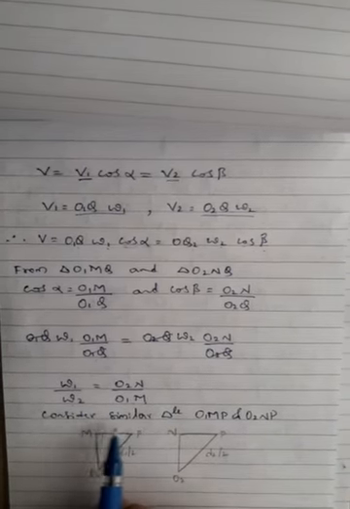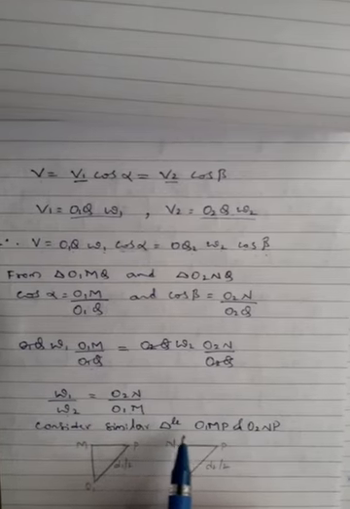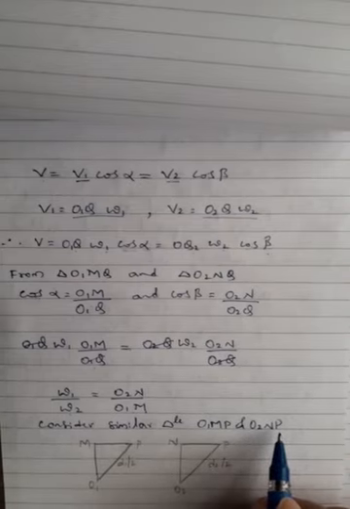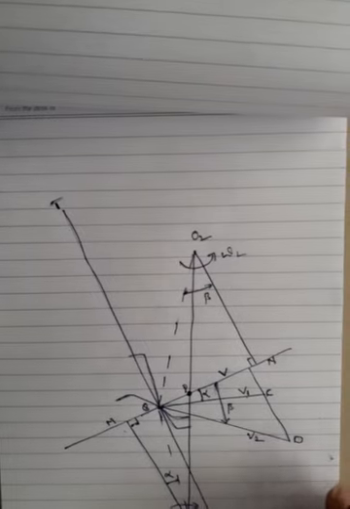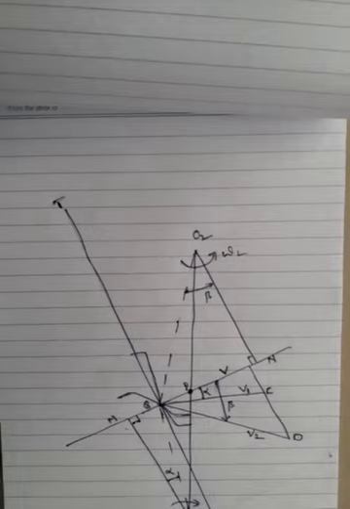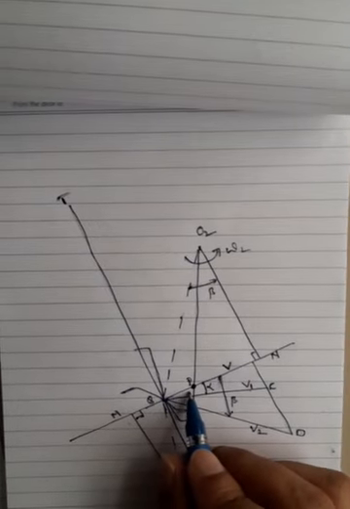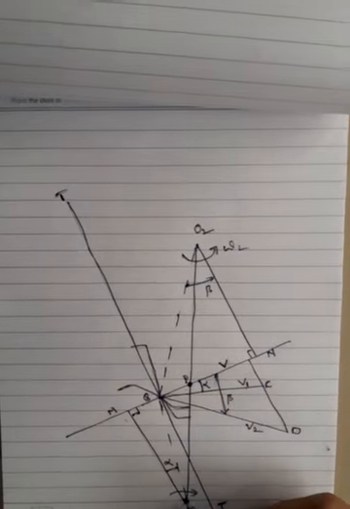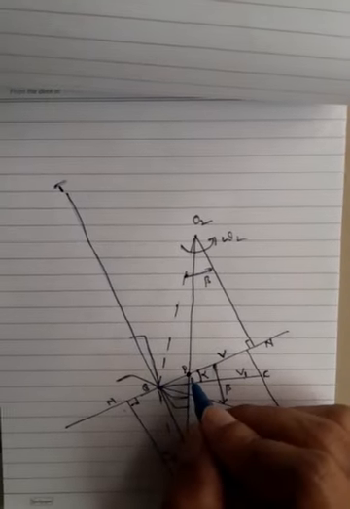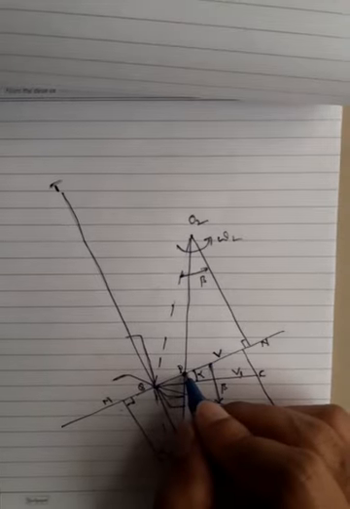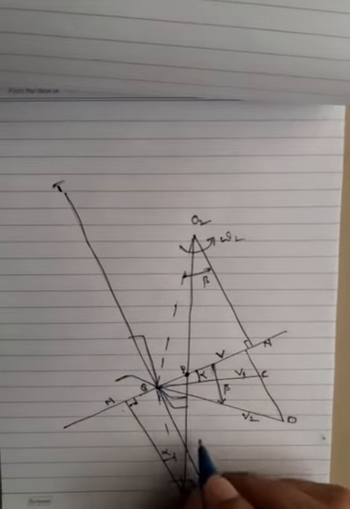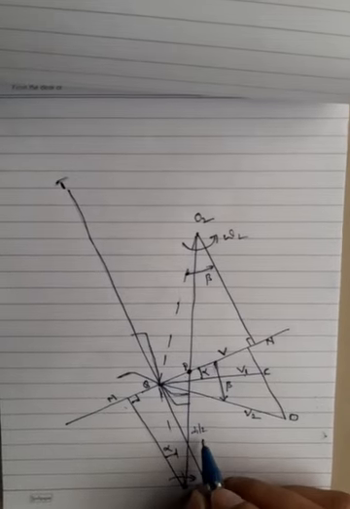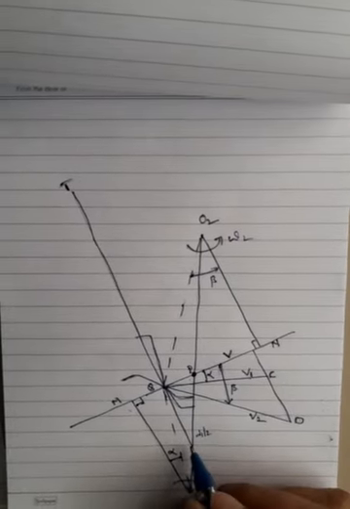Now we'll consider two similar triangles, O1MP and O2NP. In triangle O1MP, O1P is again a radius, so O1P can be written as d1 by 2, the radius of the pinion.